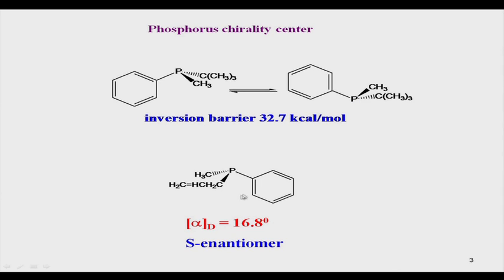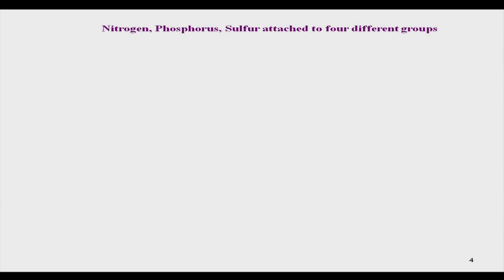So, one of them has been isolated, not this one but a different compound, with an allyl group, a methyl group, a phenyl group and a phosphorus, and the sign is not given here. So, possibly it was plus. The alpha D of this compound is plus 16.8 degree. So, it was indeed proven that phosphorus compounds are chiral compounds.